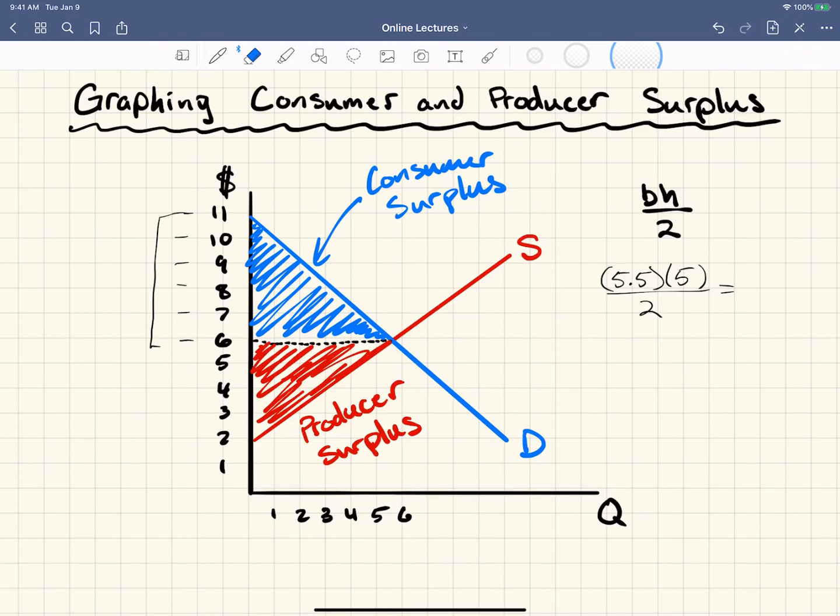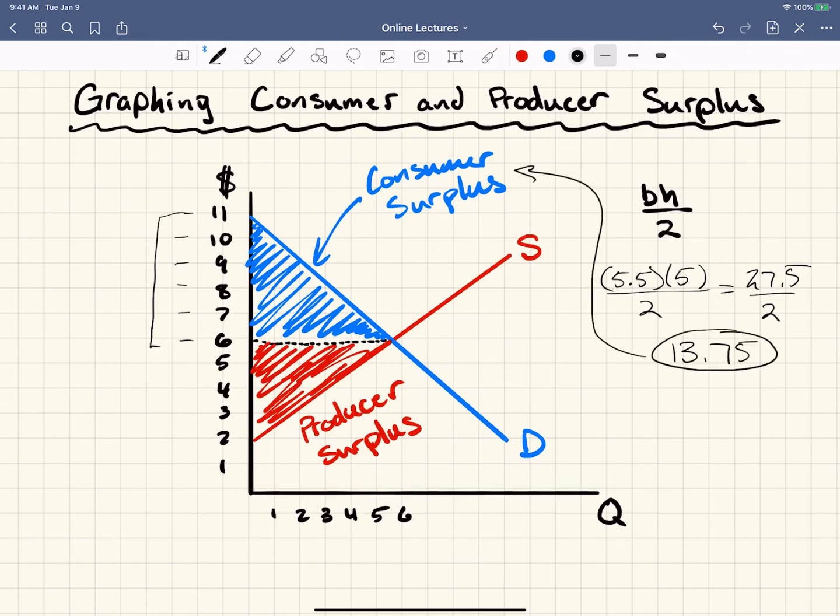No need to guess and be wrong on video. 5.5 times 5 equals 27.5, and that's divided by 2. 27.5 divided by 2 equals 13.75. So this would be consumer surplus.